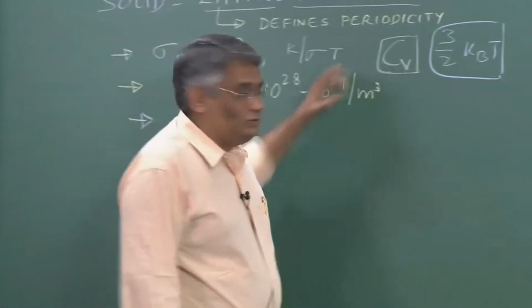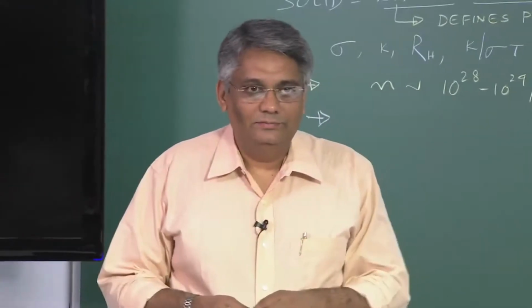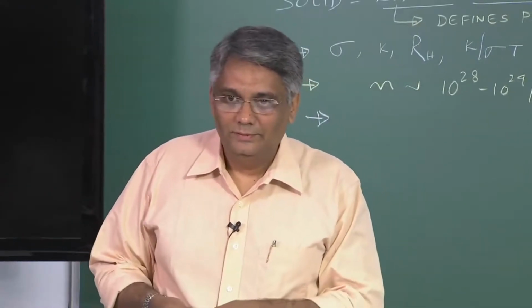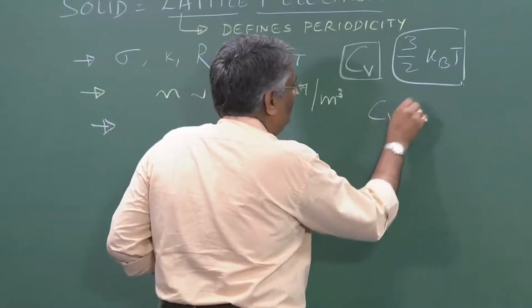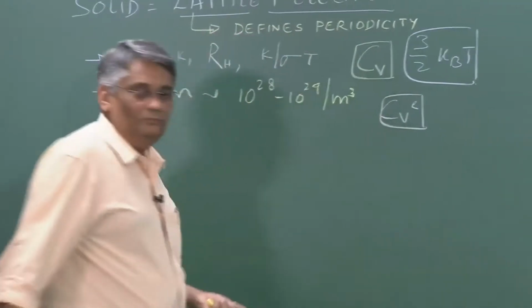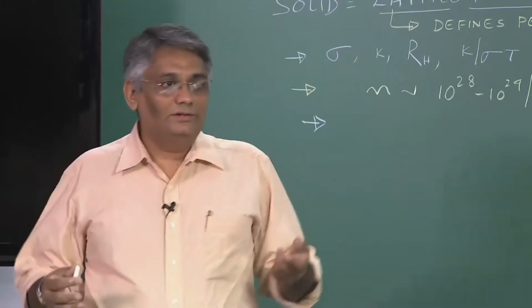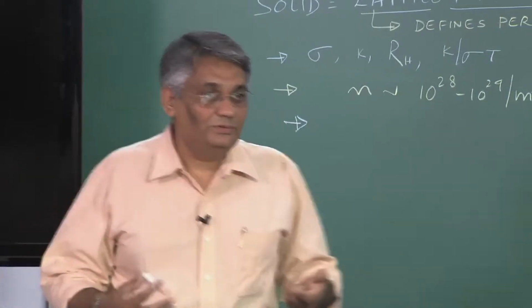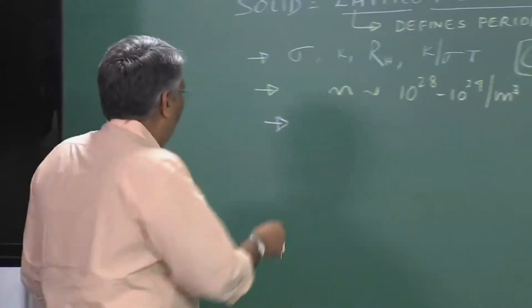So electrons also contribute to the specific heat. We have defined what is specific heat. So there is what is called the electronic specific heat, because the contribution to specific heat comes from both electrons and phonons. And if you are considering these free electrons, there is obviously a contribution from the electrons present in a solid.